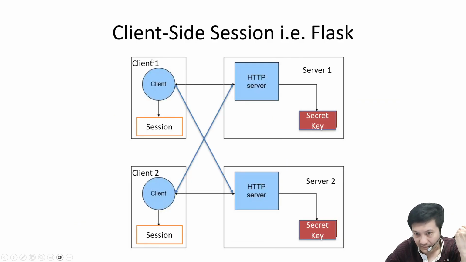But for development, there is another method, the so-called client-side session. This is the default way in Flask. You don't need a common place; we store the encrypted version of the session in the client, sent back and stored in the cookie.